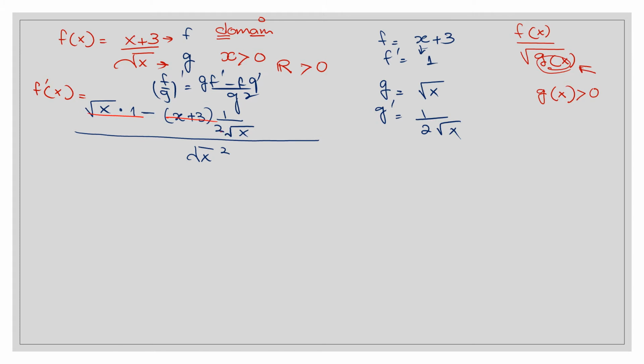Now make the denominators alike. We have 2 square root x, so multiply and divide the first term by 2 square root x. Now we know that square root x times square root x gives us x. Similarly, square root of x square will also give us x.